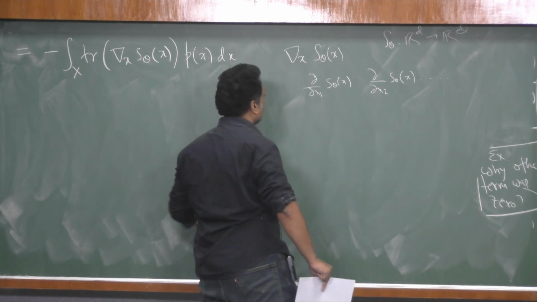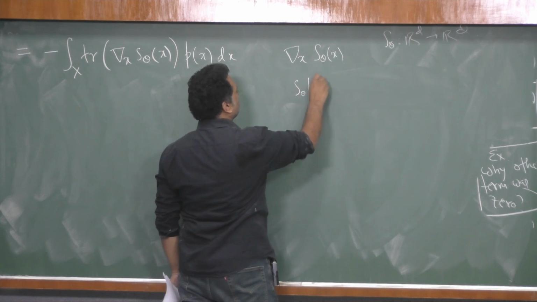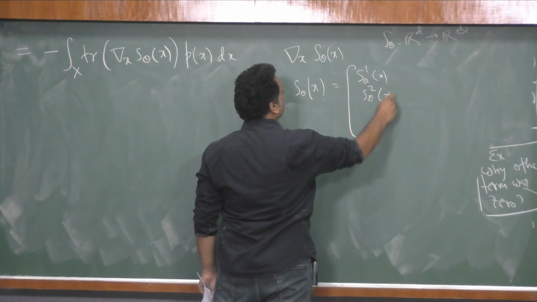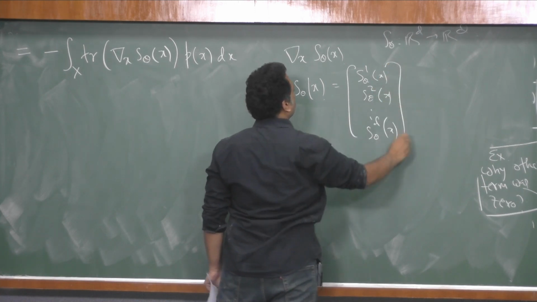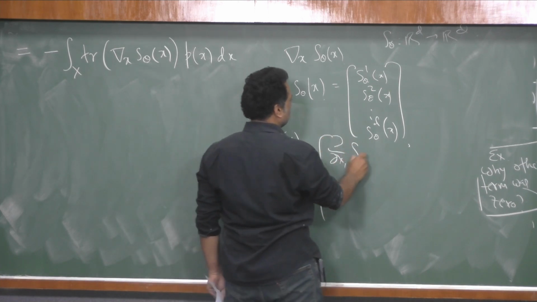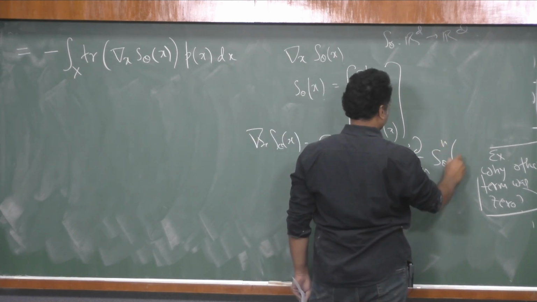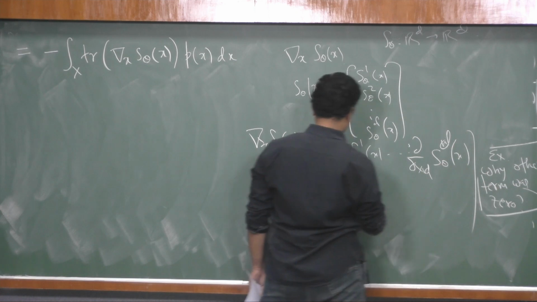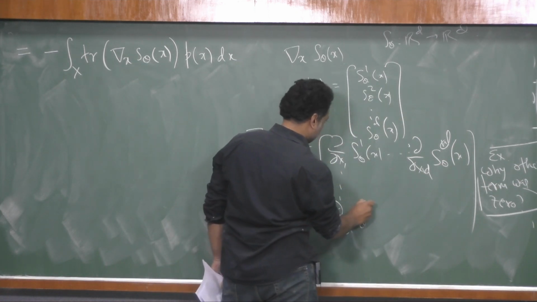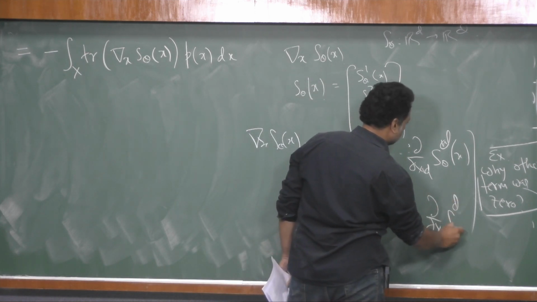So s theta x is s theta 1 of x, s theta 2 of x, up to s theta d of x. Grad x of s theta x has entries del by del x1 of s theta 1 of x, and so on, up to del by del xd of s theta d of x.